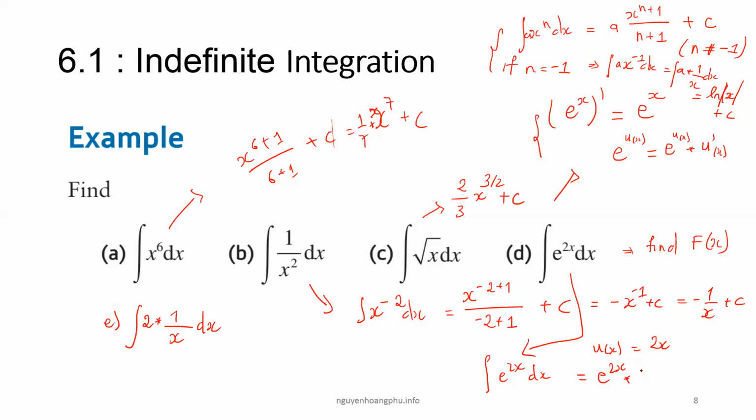Sorry, here it needs to be divided by u'(x), because the derivative will be u'(x), so it is going to be e^(2x) divided by 2, right, plus c. Okay.